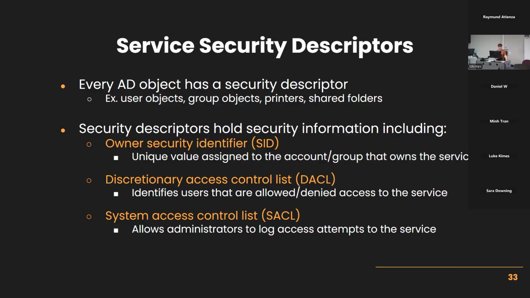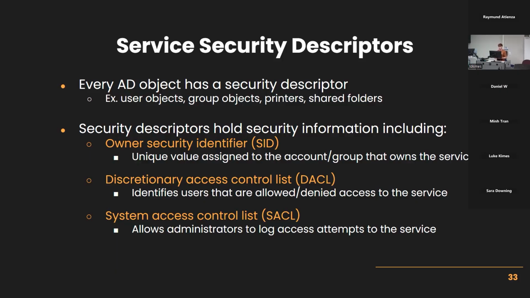And then you also have a system access control list, which allows logging agents, like administrators, to log attempts to use that service on some sort of logging system. And I'm going to talk a little bit more about the discretionary access control list. The reason it's so complicated is it doesn't just say who's allowed to access a service. It gets really granular.